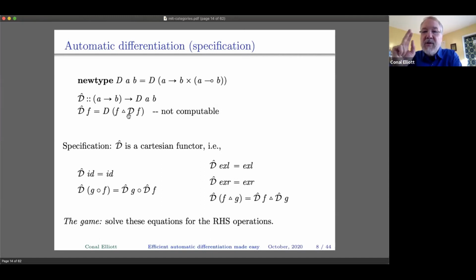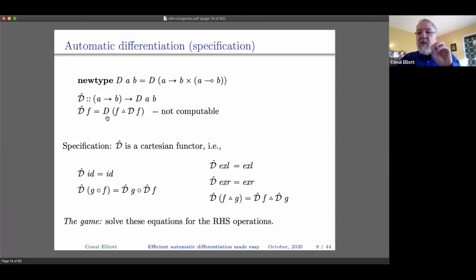So there are two things going on. We have the specification, which is d hat f, but how do we get an implementation out of that? We're going to require that d hat f is homomorphic over the language of categories. In other words, it's a functor, a Cartesian functor. And then the implementation is going to be the definition of id, compose, projections, and fork.